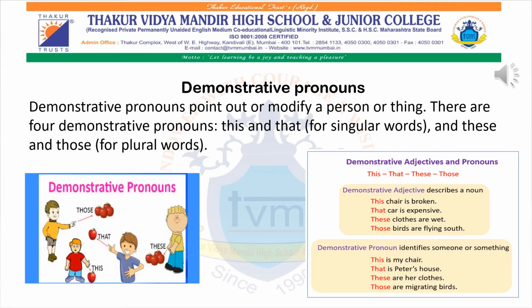Let's meet the fourth kind of pronoun, that is demonstrative pronouns. A demonstrative pronoun points out or modifies a person or a thing. There are 4 demonstrative pronouns only: this, that, these and those. This and that are used for a singular word, and these and those are used for plural words.